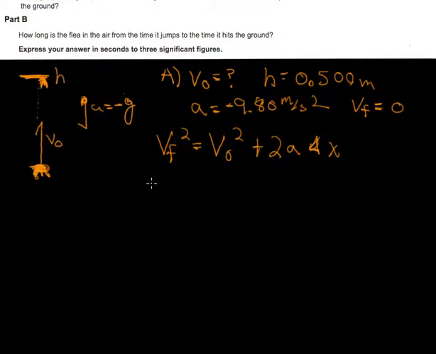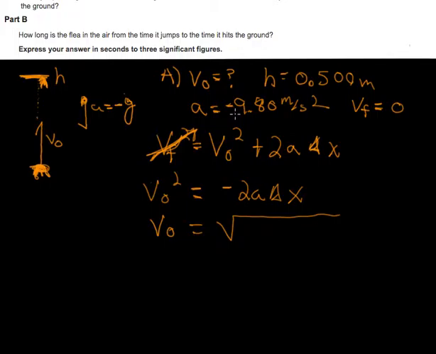So plugging this in, we get 0 equals, well, Vf goes away, that gets 0. So if that's 0, then v naught squared is going to equal negative 2a delta x. V naught is going to be the square root of this.